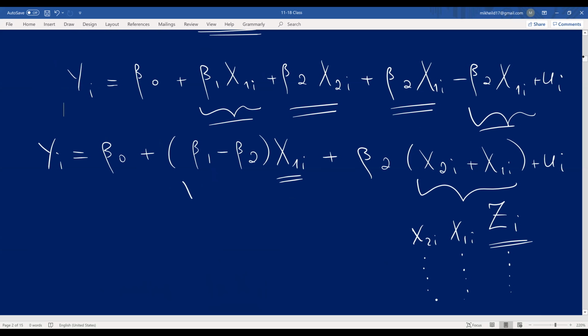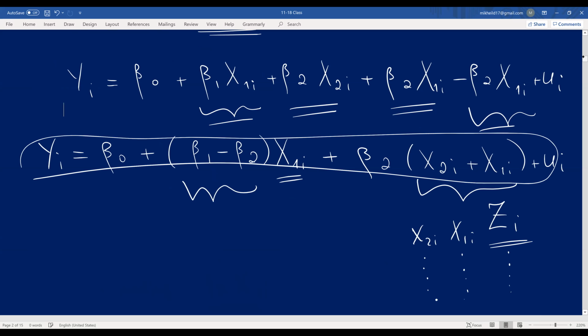But look at this. Now, if you test, so you have this model now, because we transformed our model to this one. Now, if you test H null, let me call this gamma. Gamma equals 0. H alternative, gamma doesn't equal to 0.